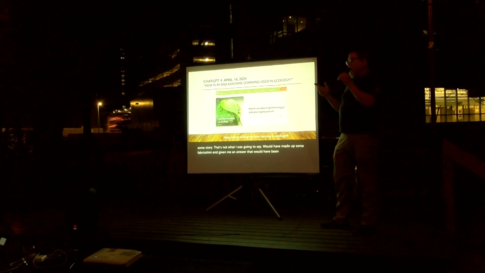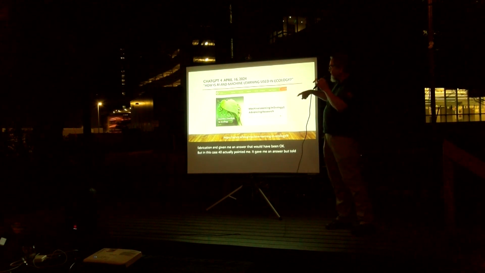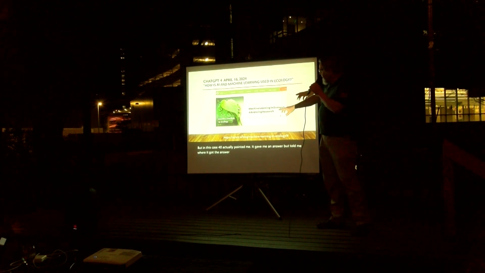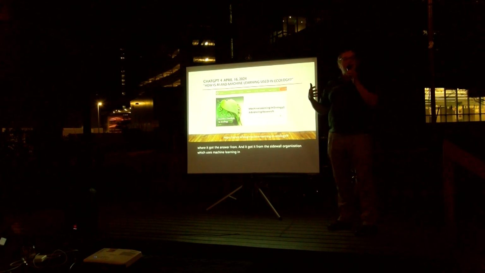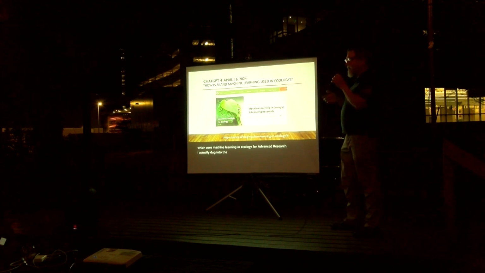But in this case, 4.0 gave me an answer, but told me where it got the answer from. And it got it from the SIWA organization, which uses machine learning in ecology for advanced research. So I actually dug into the resource then, I could find out more. Next slide.